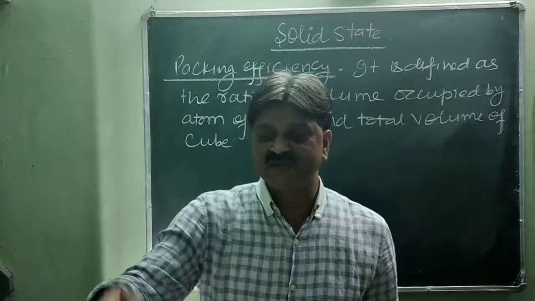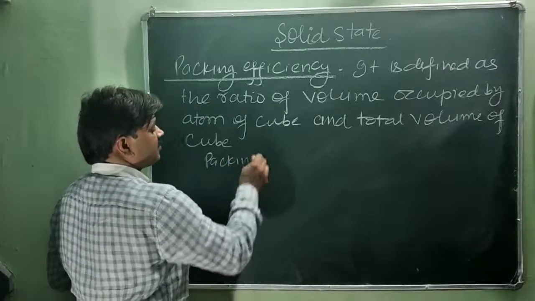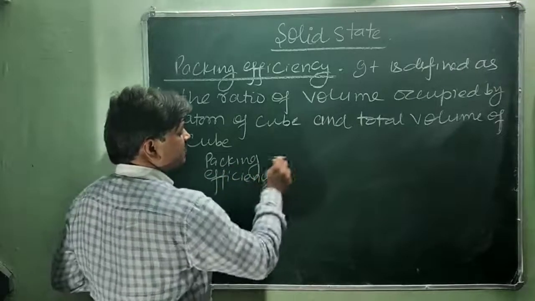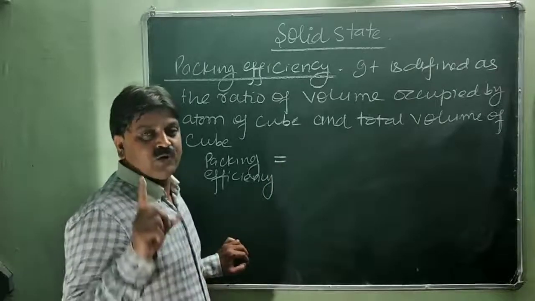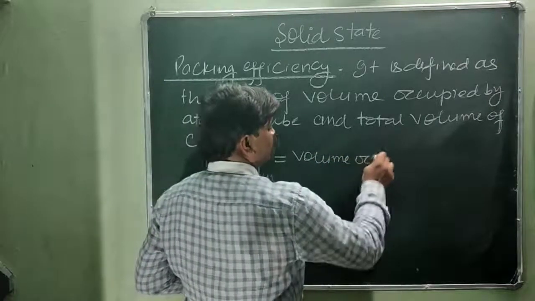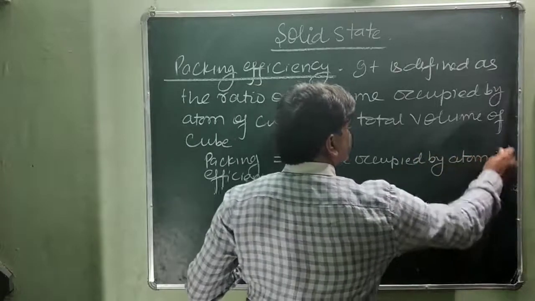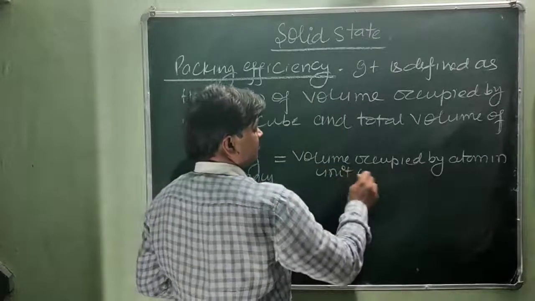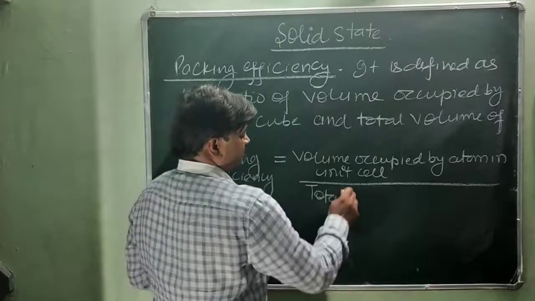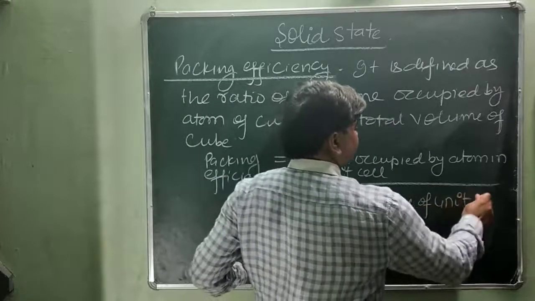So packing efficiency may be written as: packing efficiency is equal to the volume occupied by the atoms in the unit cell upon the total volume of the unit cell.